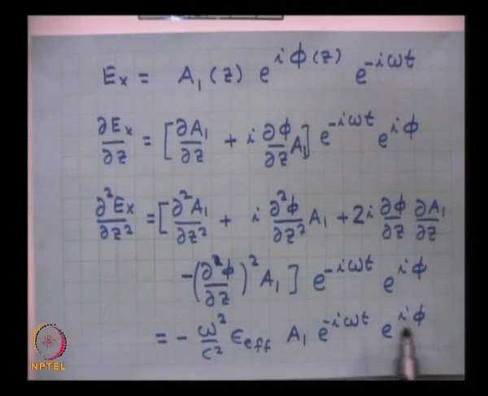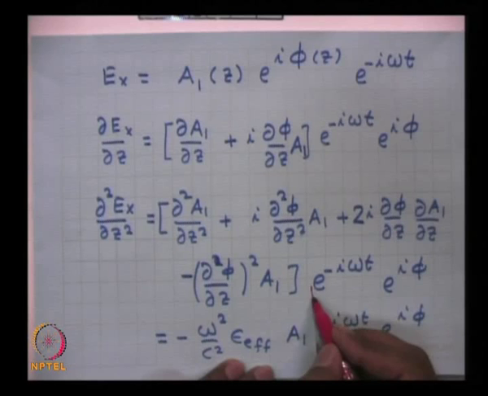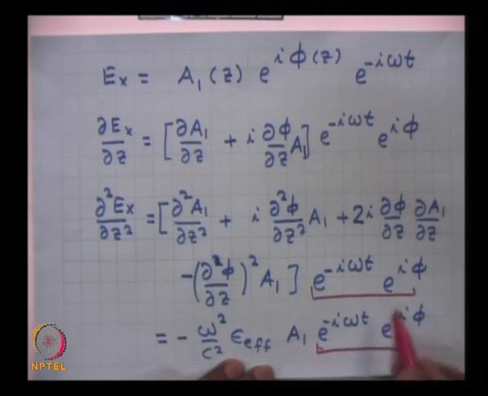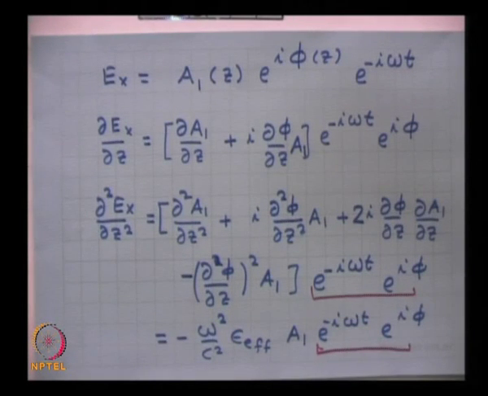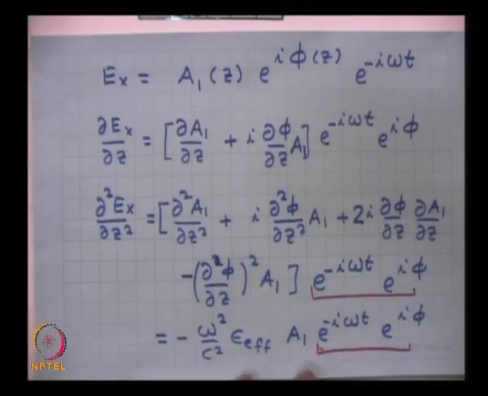Now please remember, this is a common factor on the right hand side as well as on the left hand side, so they will cancel out on both sides. Cancel them and equate the real part on the left with the real part on the right, and the imaginary part of these terms on the left should be 0, because there is no imaginary part on the right after these exponentials have been cancelled.